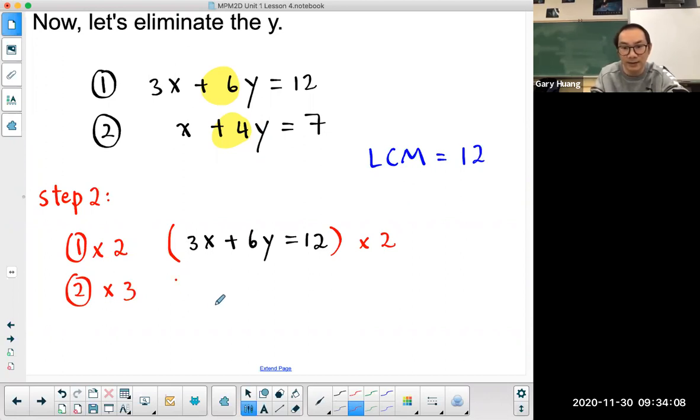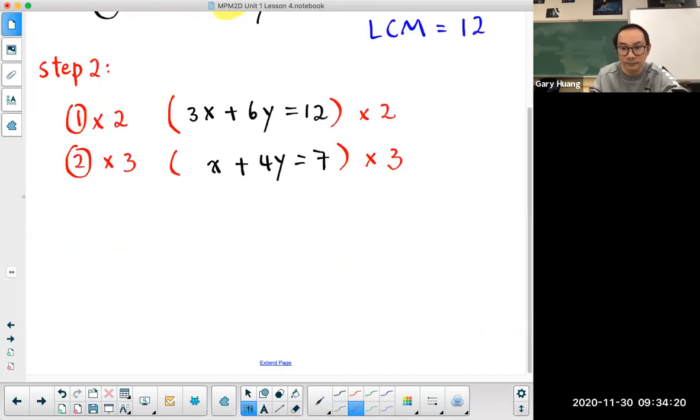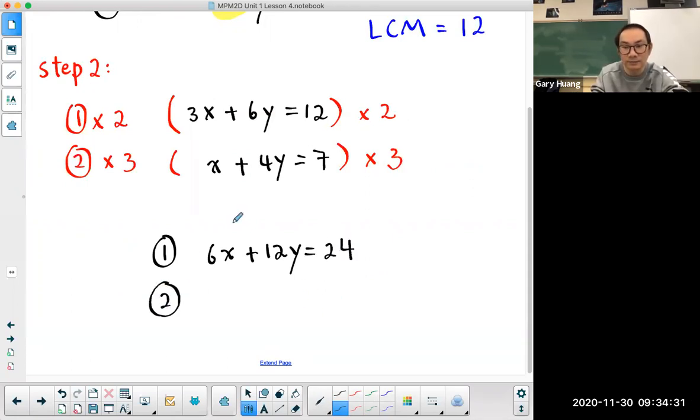The first equation is now 6x plus 12y equal 24. For my second equation, 1 times 3 is 3x, 4 times 3 is 12y, and 7 times 3 is 21.